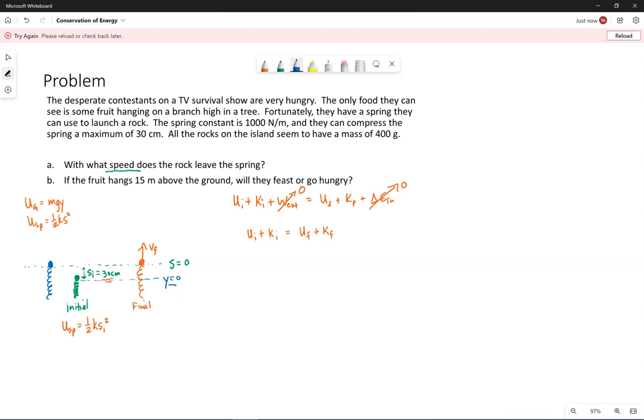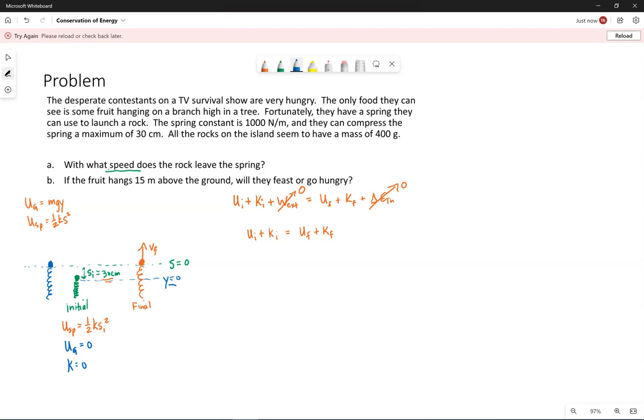But moving forward with U gravitational, if I'm calling that lowest location y equals 0, then I'm defining the potential energy due to gravity to be 0 there. The kinetic energy is also going to be 0 because we've compressed it and we're just going to release it. So right before we release, the speed is 0.